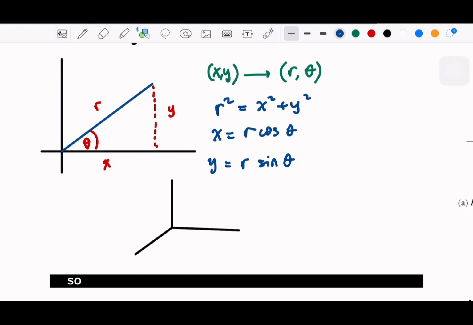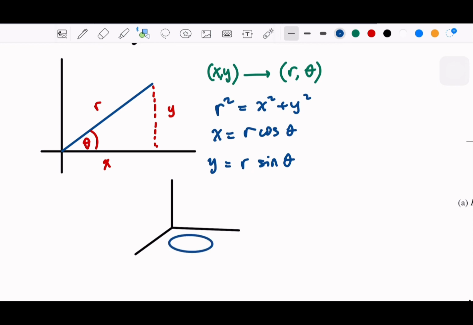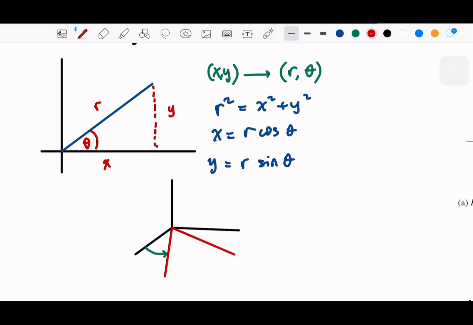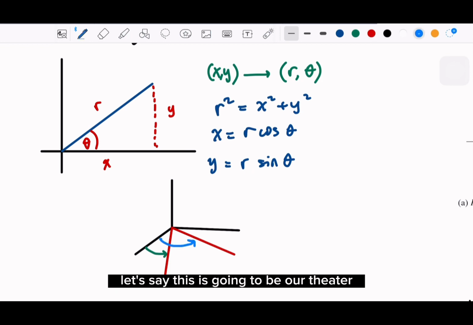So something in the region here, for example, defined from this angle and another angle, let's say this is our theta.